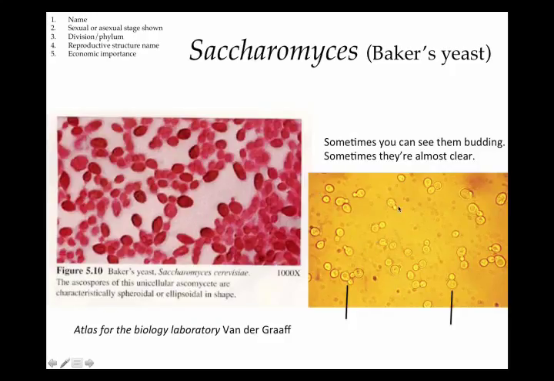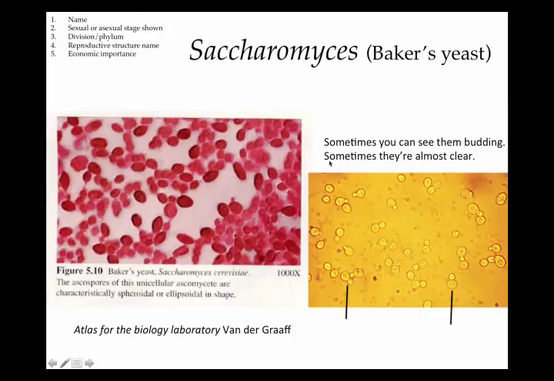The reproductive structure is budding in this case, and that means it's asexual because it's literally just splitting itself in half, or at least a part of it off. And when you look under the slide, sometimes they'll almost be clear, but I'll try to find you a slide with pretty good little buds.